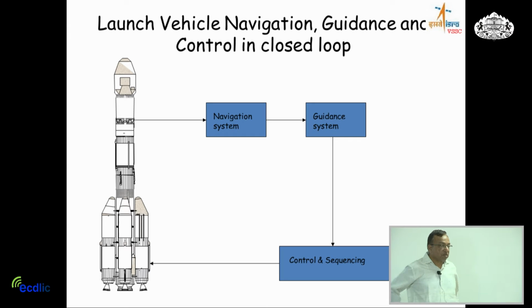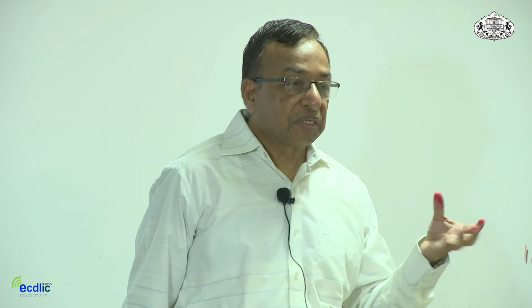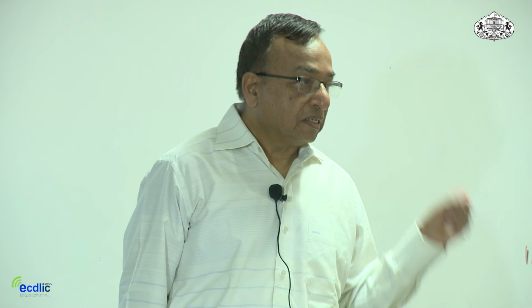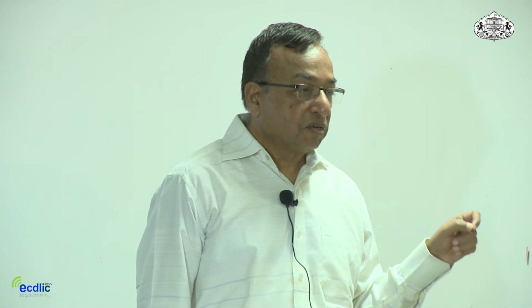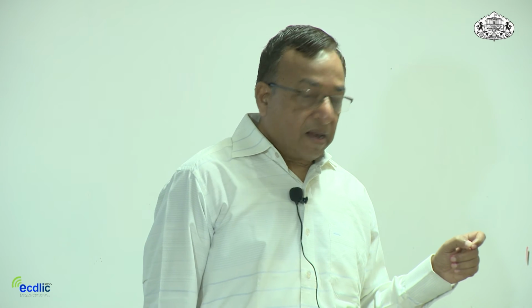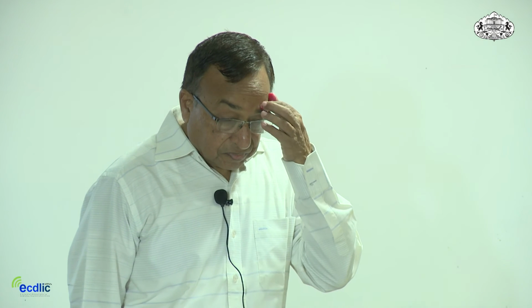The navigation system has the inertial sensors, that is gyroscopes and accelerometers, and the processing electronics. Gyroscopes will only sense the rotation rates, but from that we find the instantaneous angular position and rate. Then the accelerometers will sense only acceleration.